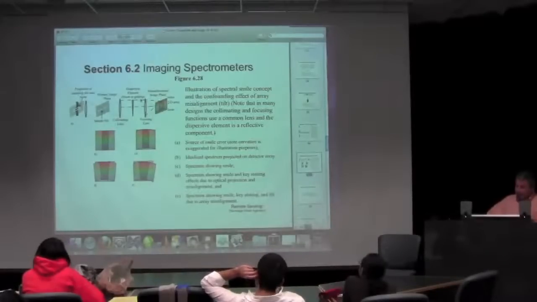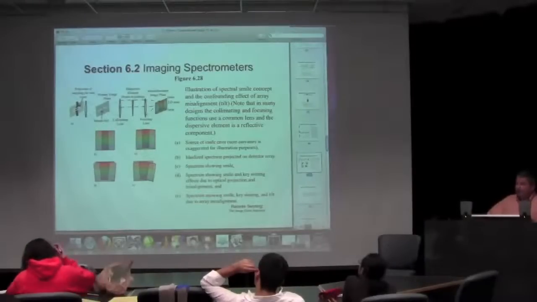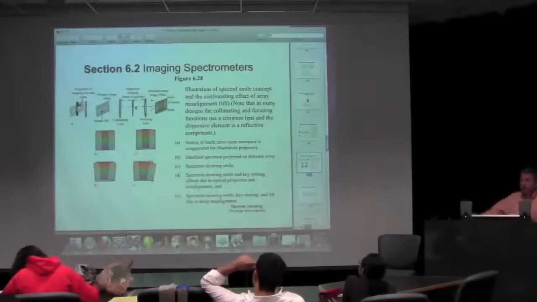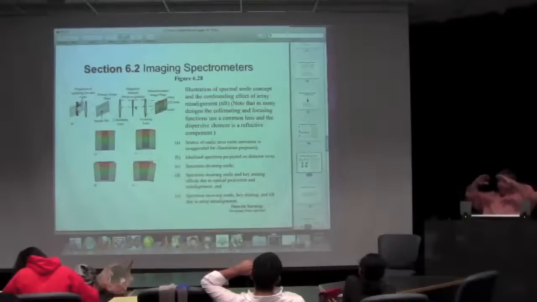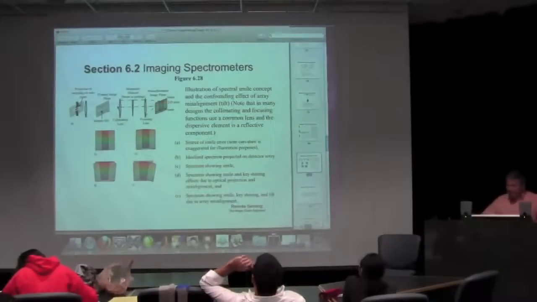But there's a problem that comes into play. The minute you get a little bit of misalignment between any of these optical elements, the image of your slit is going to start to bend one way or the other. Okay? So unless you have these optical elements in absolute perfect alignment, and I mean no error at all, you're going to have some sort of bend to the image of it.